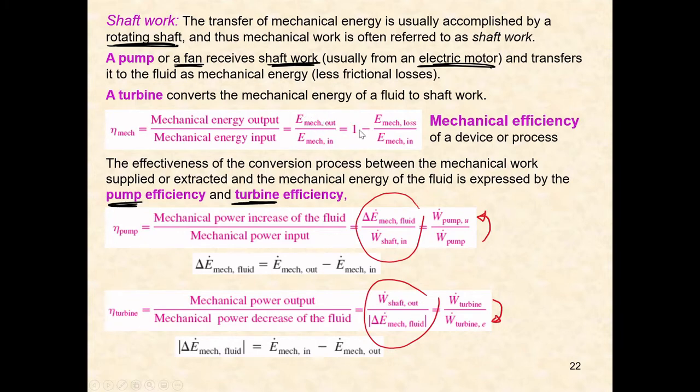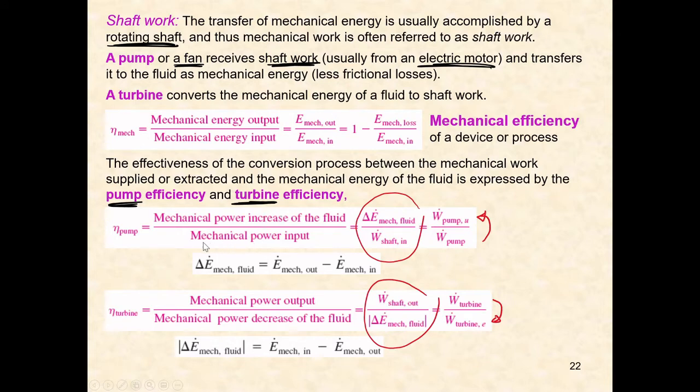This is also equal to 1 minus mechanical energy loss divided by the mechanical energy input, right? The effectiveness of the conversion process between the mechanical work supplied or extracted and the mechanical energy of the fluid is expressed by the pump efficiency and turbine efficiency.